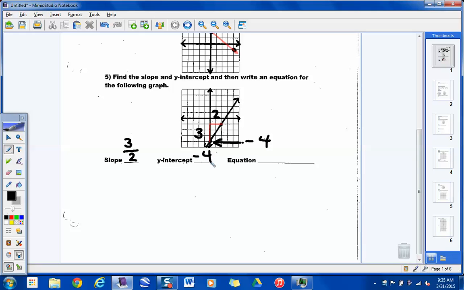I'm going to stop right there. You guys agree with the values that I've gotten on the slope and the y-intercept? Okay, so how about an equation in slope-intercept form now? Y equals 3 over 2x minus 4. Bree, I think you said plus 4, right? You agree minus 4?